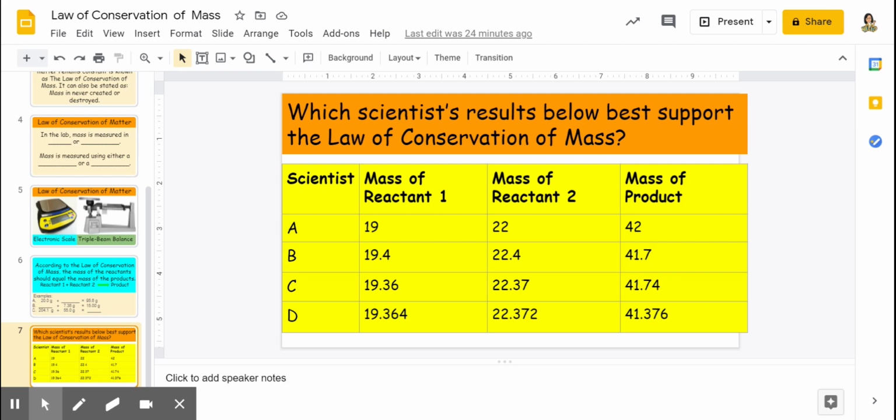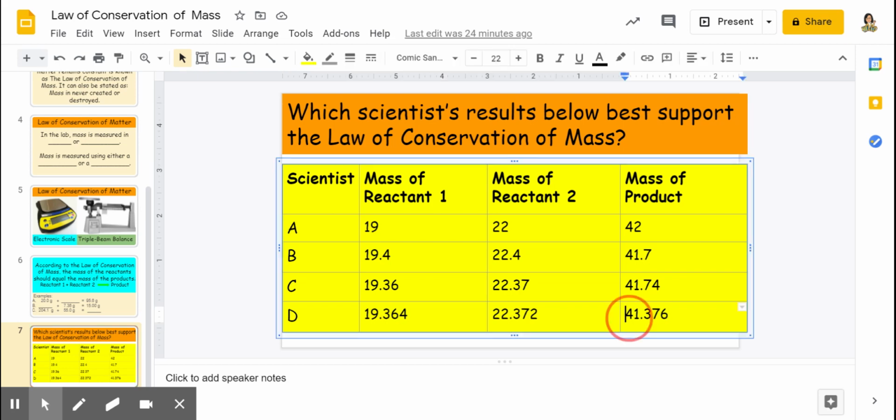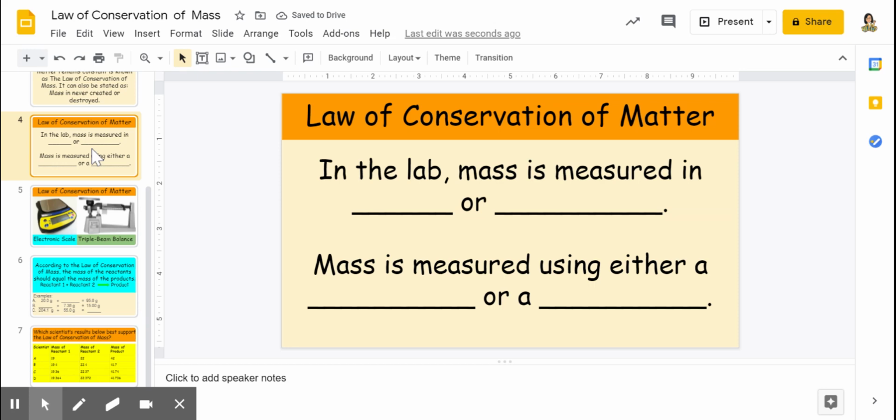And this one should be changed right here too. Again, this one should be 41 point, and that one there should have been 3, 7, 6. That should have been 7, and then this one here should have been 36.